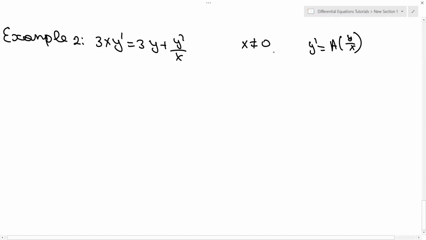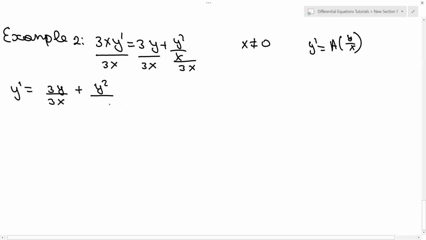But let's look at this again. In order to put it in this form, we divide everything by 3x. So we will have y prime is equal to 3y over 3x plus y squared over 3x squared.